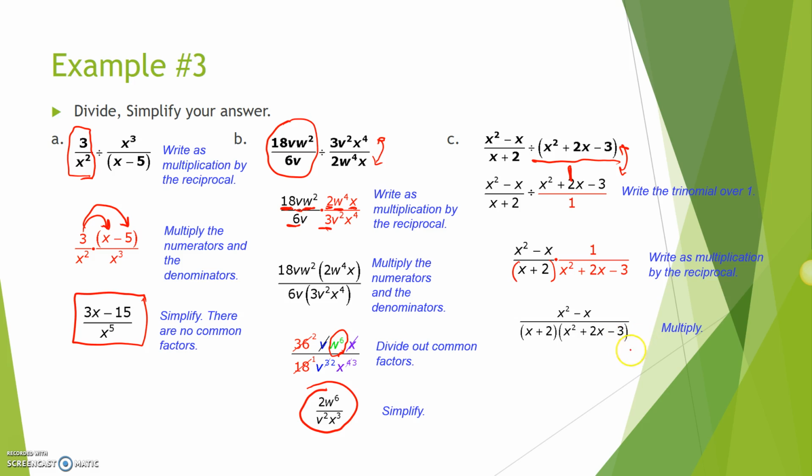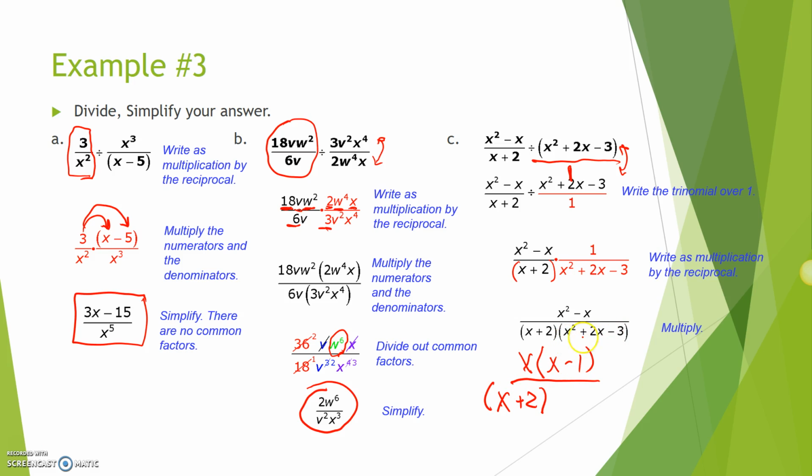And then we would just multiply that. Once we have multiplied this out, we're now going to factor things out here. So our x squared minus x, we can pull out an x. So what we have is now x minus 1 over, we have our x plus 2.